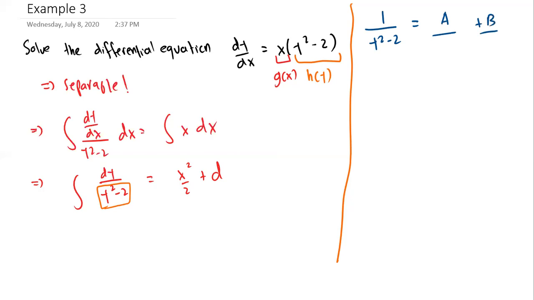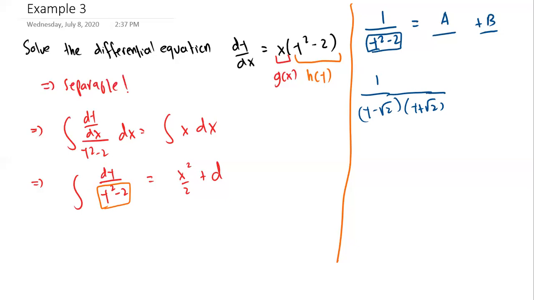What is that something going to be? Well, the goal is, can you factor this? The denominators are usually the factors of whatever expression you're trying to rewrite. In this case, we can rewrite y squared minus 2 as (y minus square root of 2)(y plus square root of 2), if my algebra is correct.